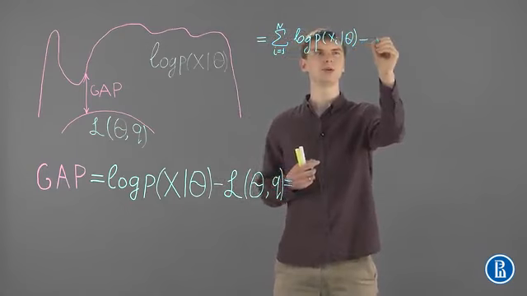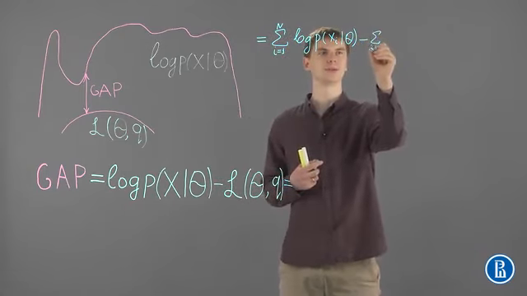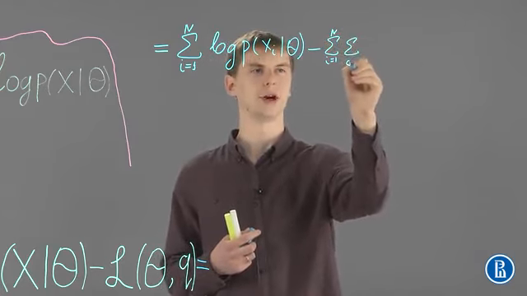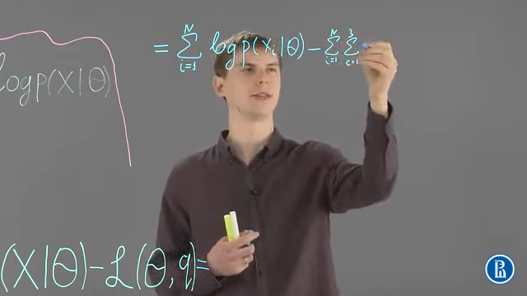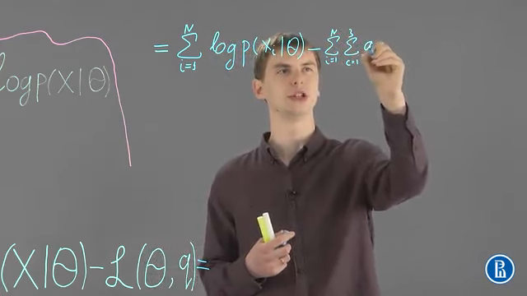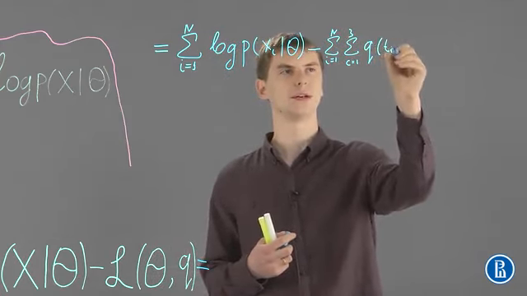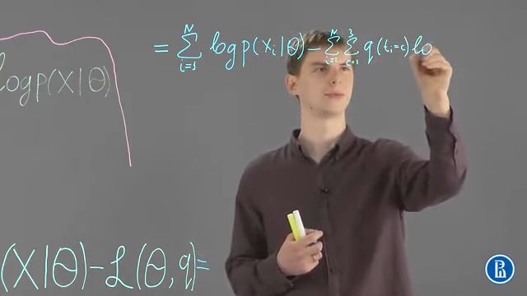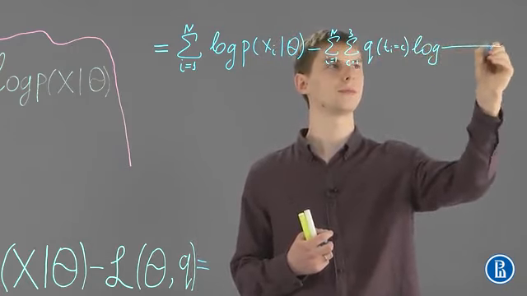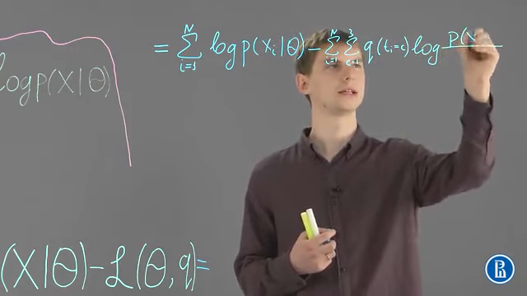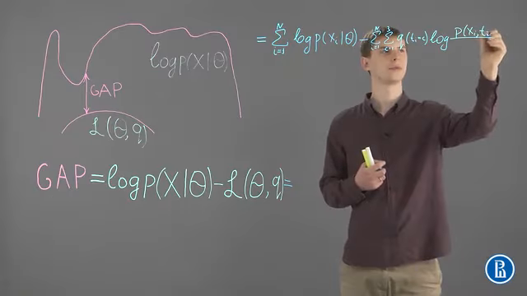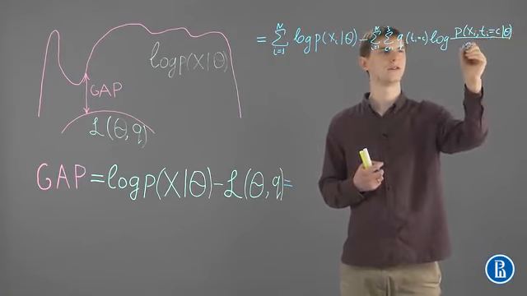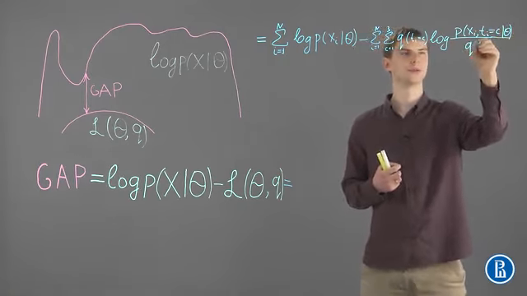So this lower bound is a sum with respect to objects, then a sum with respect to the values of the latent variable, for example from 1 to 3 in the case of three Gaussians. Then the variational distribution q of ti equals to the value, times the logarithm of the ratio between the joint distribution p of xi and ti given the parameters, and the variational distribution q.